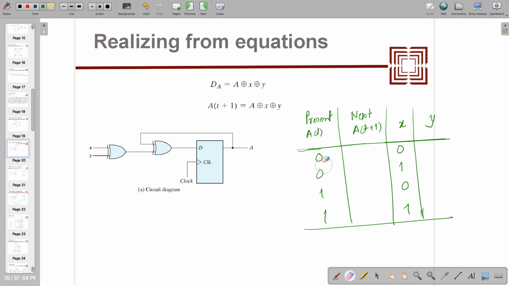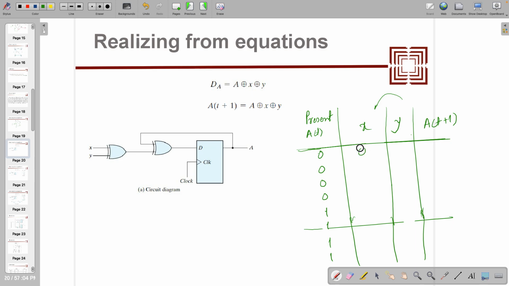Actually, you need to keep three possibilities, sorry. You need to keep Y also. So you need to write down 8 possible rows for A, X and Y. And for that, you can write down A(t+1), so X and this is Y. So what will be the first answer?